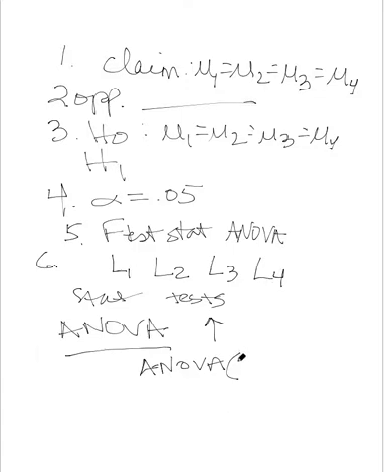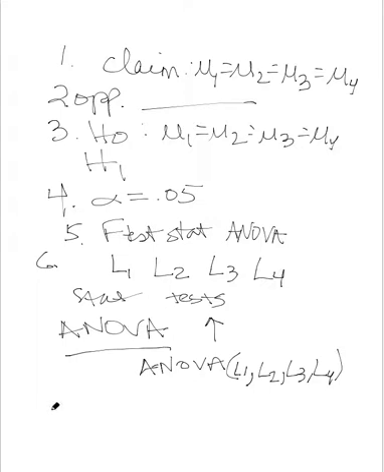Then you will enter L1, which you can do by pressing second 1. Then you'll enter comma L2, comma L3, comma L4, close parentheses. Then you go ahead and enter that, and your value should calculate for you.